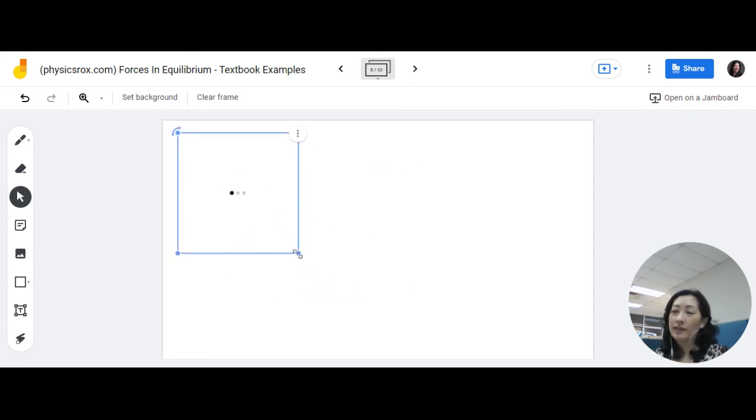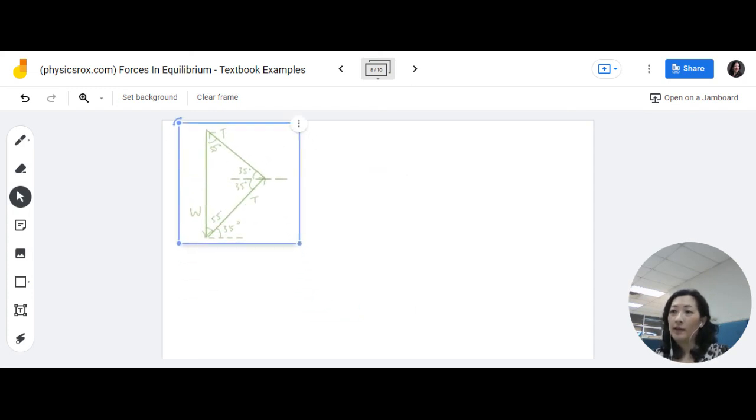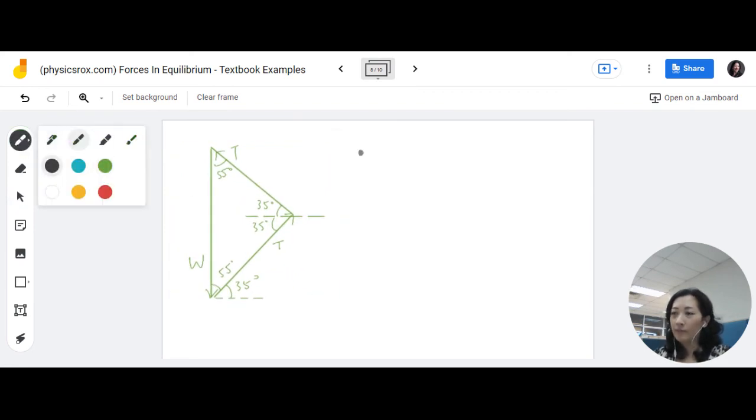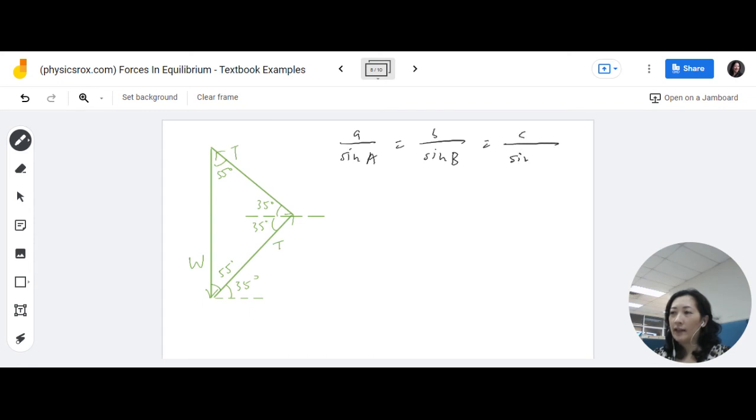And let's use the sine rule first for those who know A maths. So what is the sine rule? The sine rule, if you recall, is a over sine A equals b over sine B equals c over sine C, which means the length of the side over the sine of the opposite angle is equal to the ratios of all the others as well, and so on.